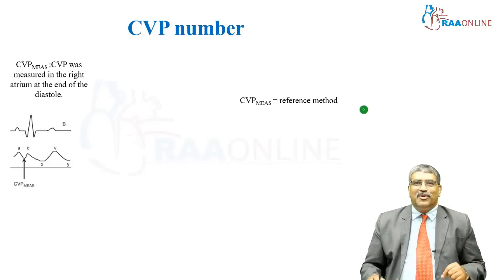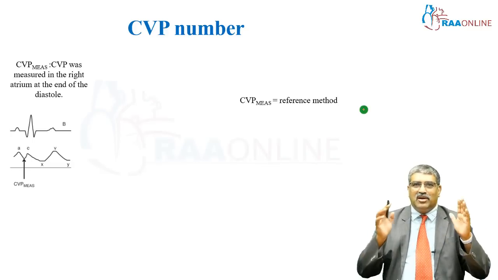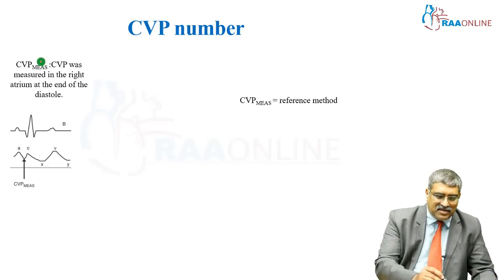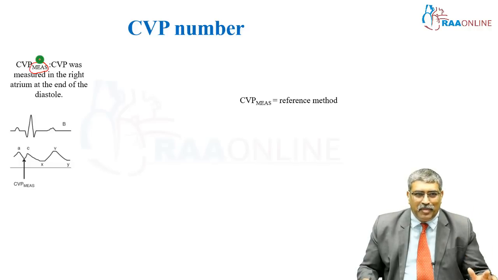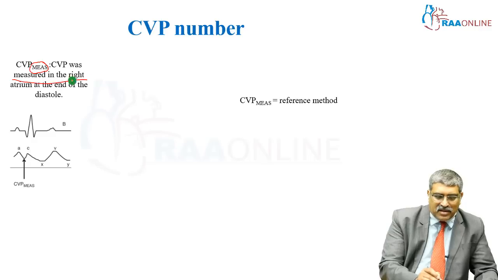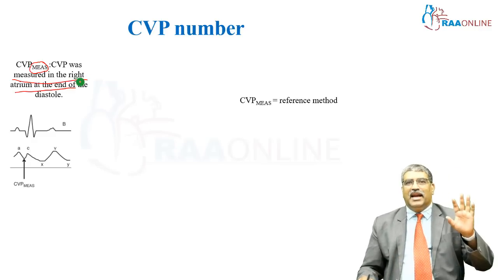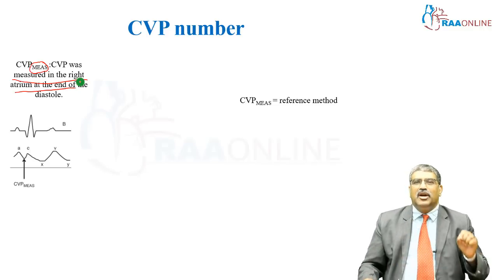Now coming to the most important point. Where do you measure this number? What does that mean? There is the CVP-MEAS. That means the CVP which is measured. Normally, the CVP is measured at the right atrium at the end of diastole, which is the measured CVP.